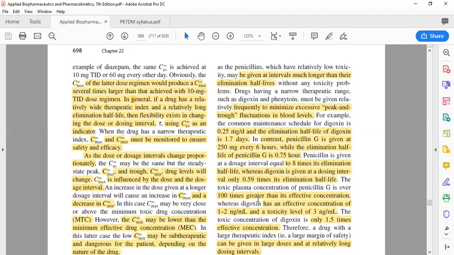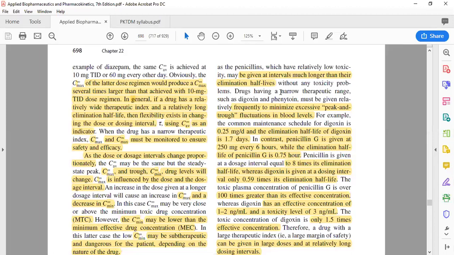This is a wide therapeutic index drug with lower toxicity. Because it has a lower toxic effect, we have the flexibility of giving it at a much longer interval than the elimination half-life.